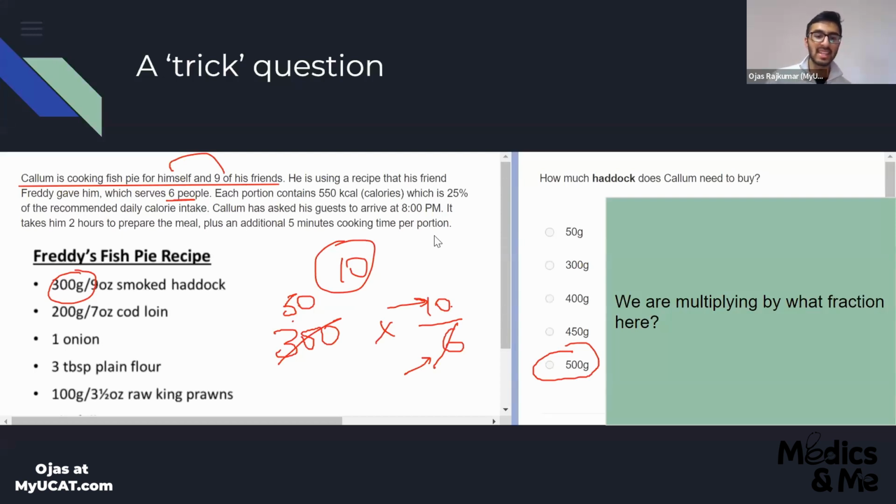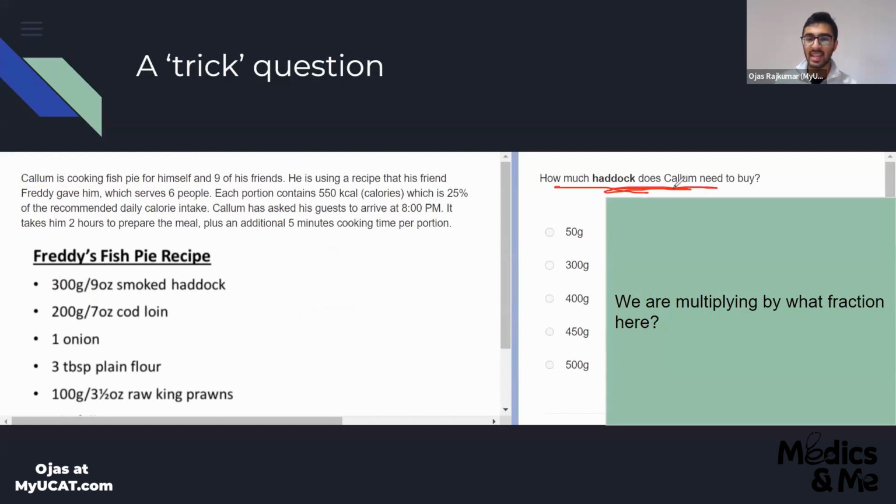And the people who said a bit less than 500, you probably multiplied by 9 by 6. And Vanessa, good question. Does the 9 Oz matter? No, it doesn't. So the 9 Oz was a distractor that you had to avoid. So the way you would approach this is you'd read the question first and you think, how much haddock does Callum need to buy? So you'd look at haddock and you'd see haddock, okay, 300 grams.